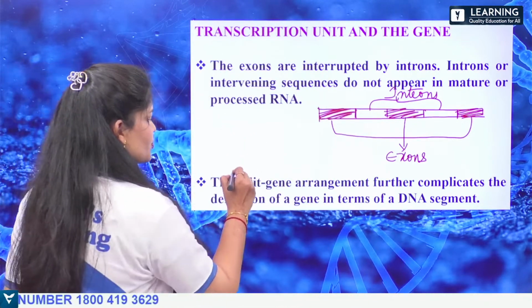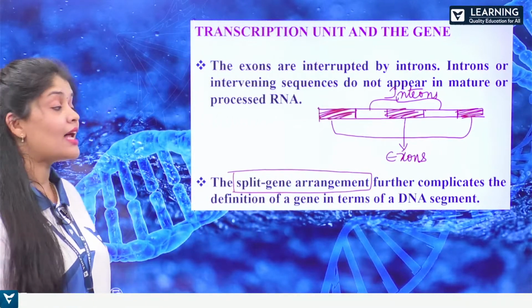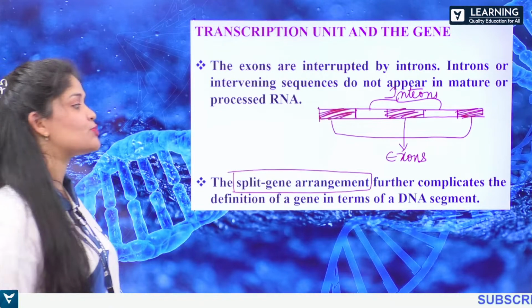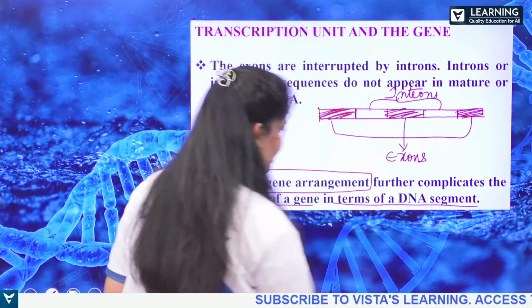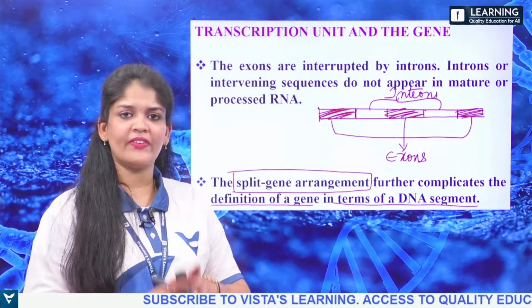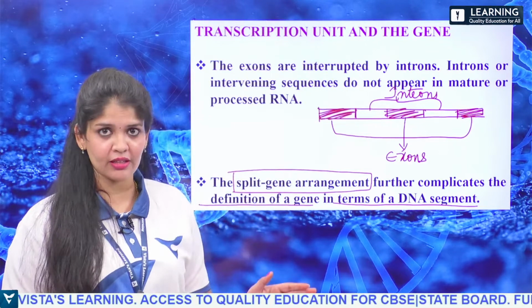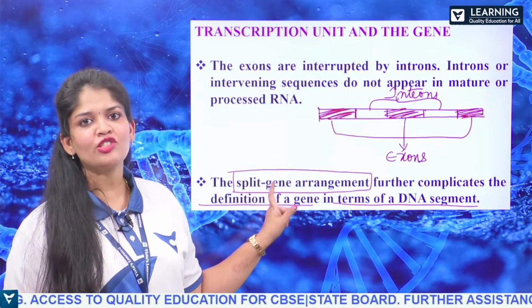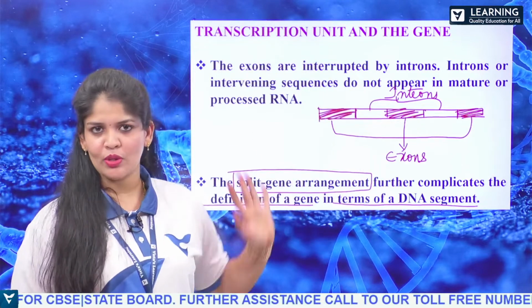Now, this type of arrangement, we call a split gene arrangement, and the presence of this split gene arrangement further complicates the definition of the gene in terms of DNA segments. Though it is very clear, without any doubt, that the genes are present on the sequence of the DNA, the presence of this split gene arrangement makes it difficult to define the genes in terms of the sequence of DNA.